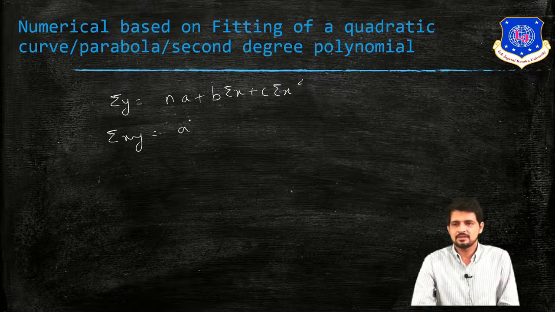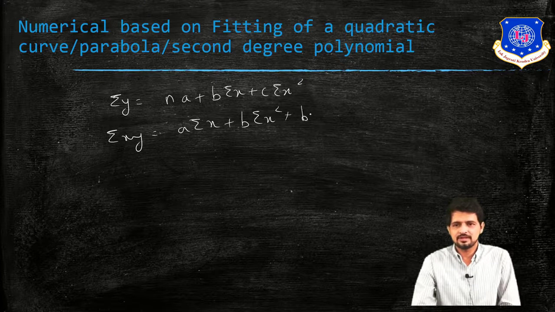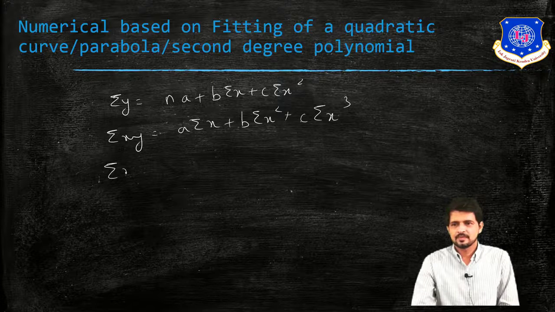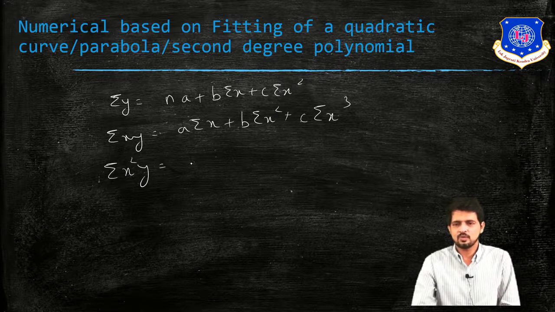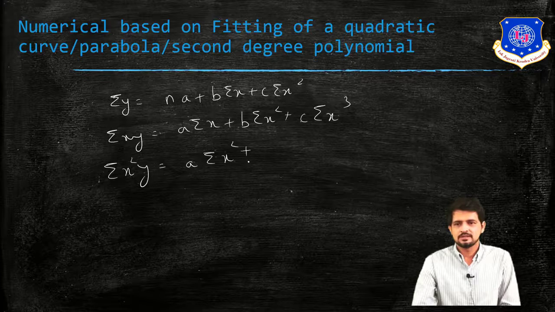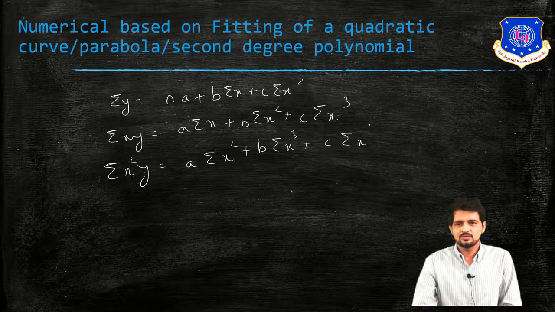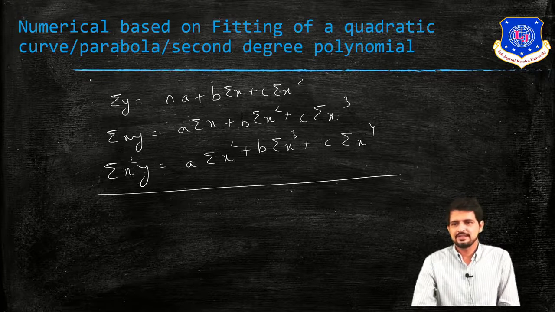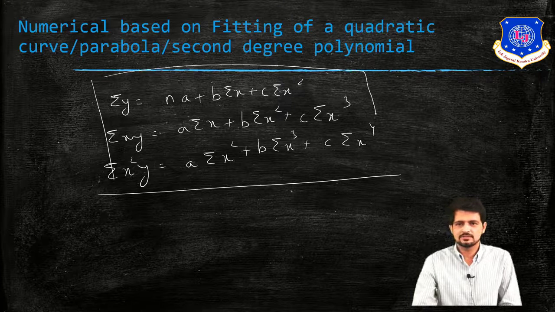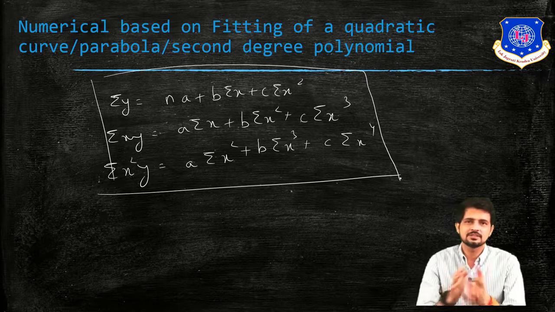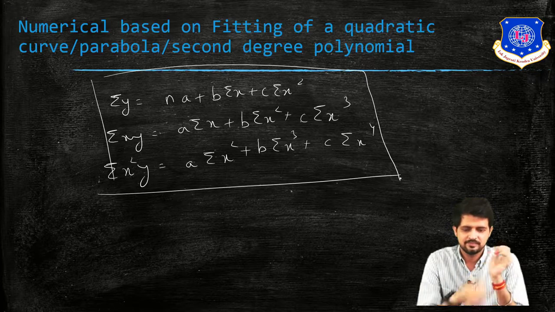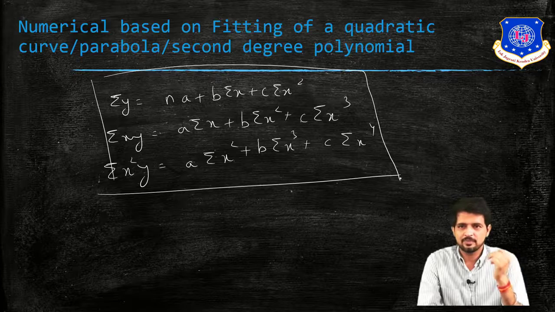Sigma xy equal to a sigma x plus b sigma x square plus c sigma x cube, and my third equation will be sigma x square y is equal to a into sigma x square plus b into sigma x cube plus c into sigma x raised to 4. So these are the normal equations, and by solving these three equations we can find the values of a, b and c. Okay, let us study one numerical on the basis of this.